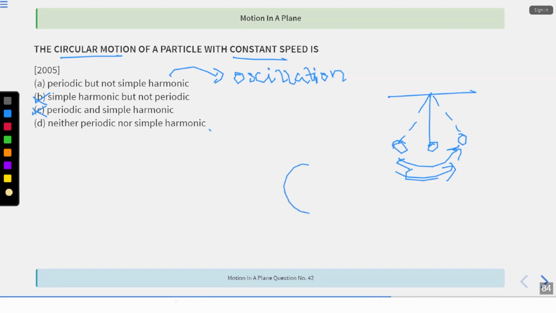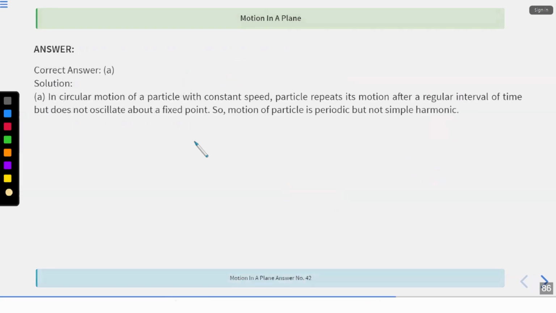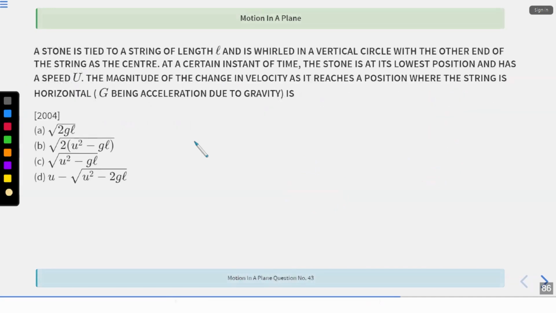Let's say it's at this point, it travels all this way, and then after one loop it again repeats its motion. So at a regular time interval the motion is repeated, so it is periodic. With that, we get our answer. Let's move on to the next question.